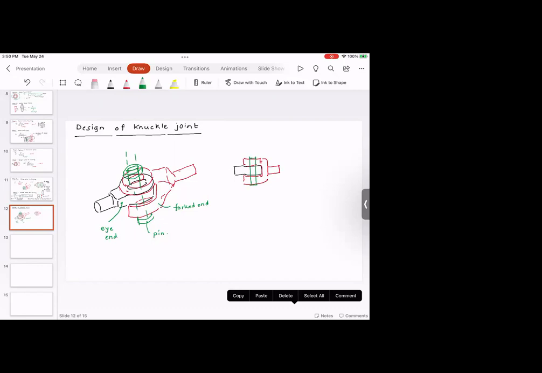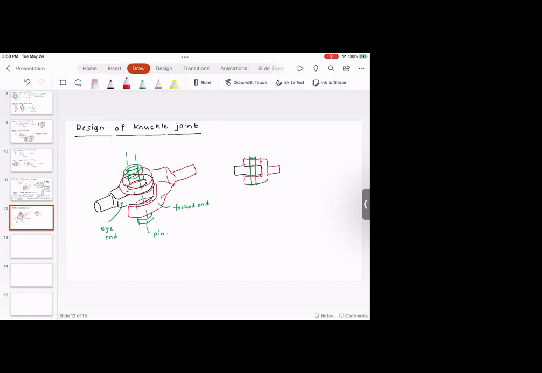So you have the eye end, you have the fork end, and you have the pin. And what we are going to do is use the engineering principles to design this knuckle joint.